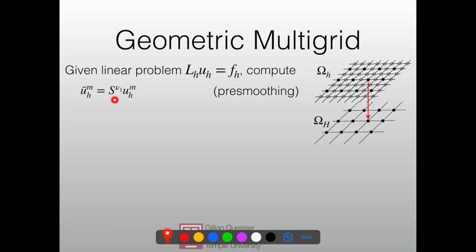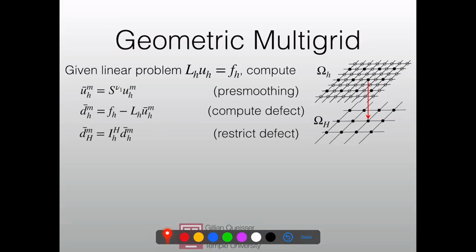This is cheap because we only apply 2, 3, 4 smoothing steps before we then compute the defect, which is defined in this way on the fine grid, but then restrict the defect to a coarser grid. This restriction operator merely restricts the fine grid defect to the coarse grid.